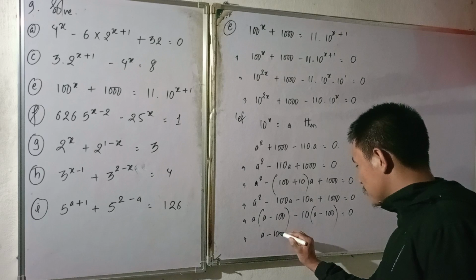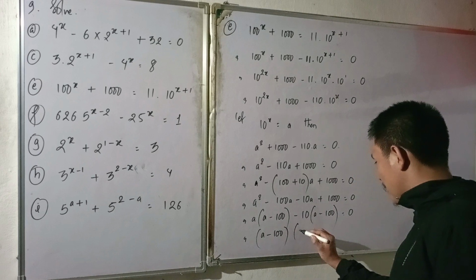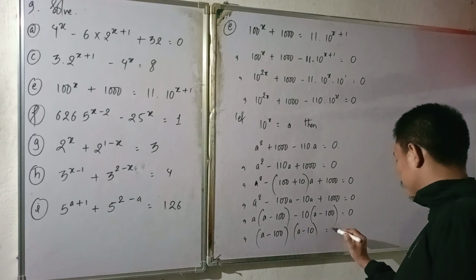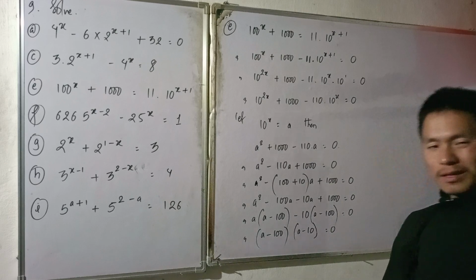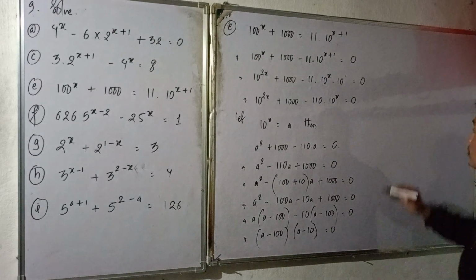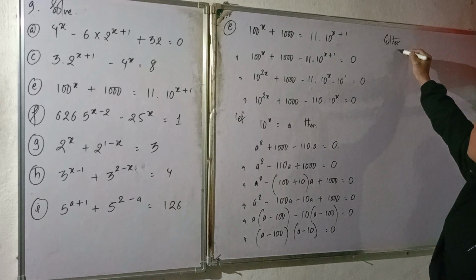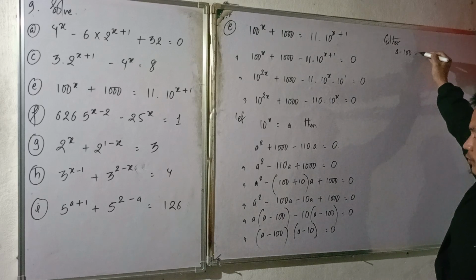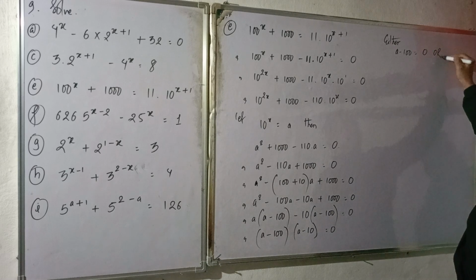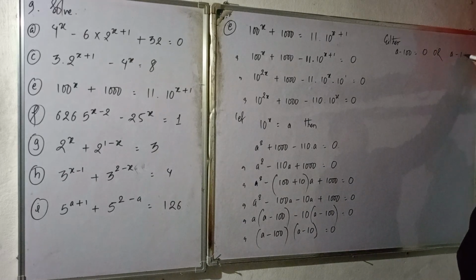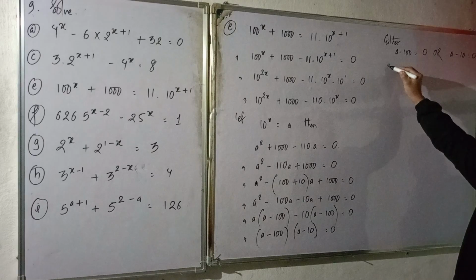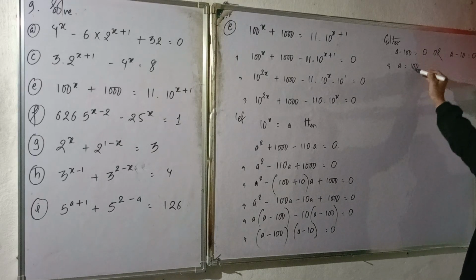Now a minus 100 and a minus 10 equals to 0. Yes, now you do either a minus 100 equals to 0 or a minus 10 equals to 0.